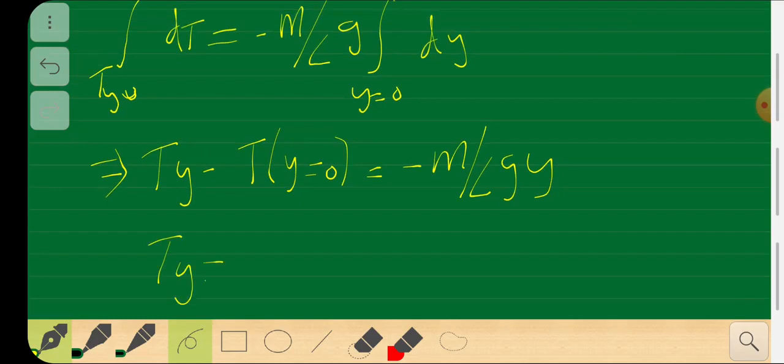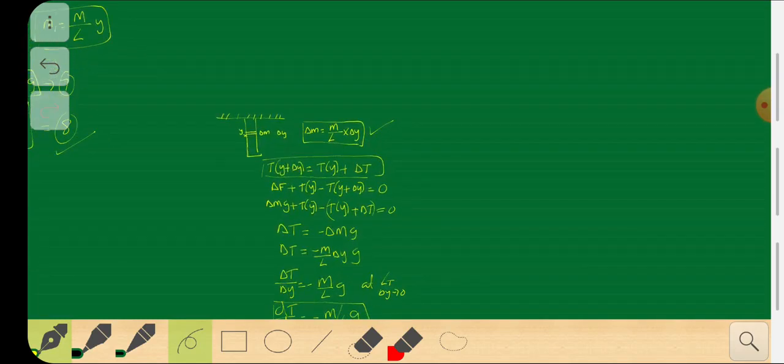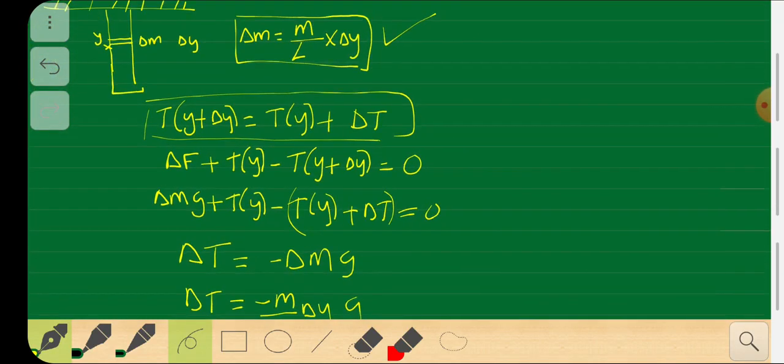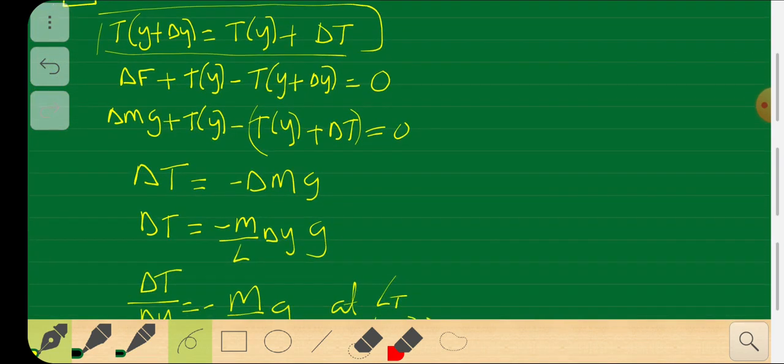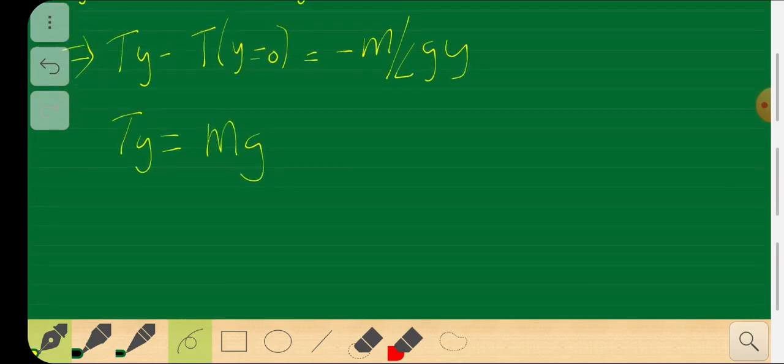Okay, so what you can now do is find out T of y. T at y equal to 0 is what? T at y equal to 0 is mg, right? So you can write down T of y must be equal to mg minus m by L g y, right?